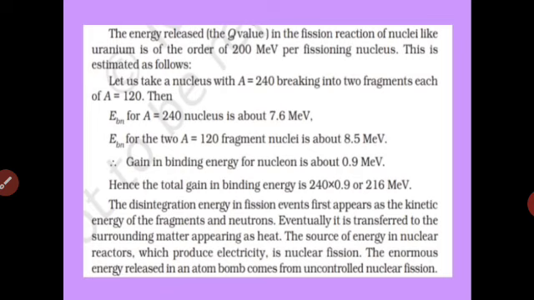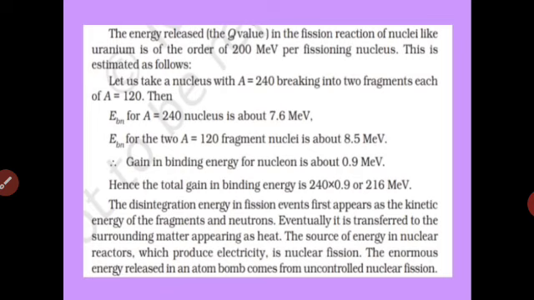Now, the total gain in the binding energy would be 240 multiplied by 0.9. 0.9 is for one nucleon and there are 240 nucleons, so we simply multiply, which gives us the value as 216 MeV.